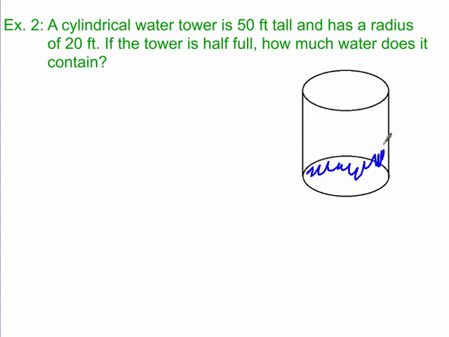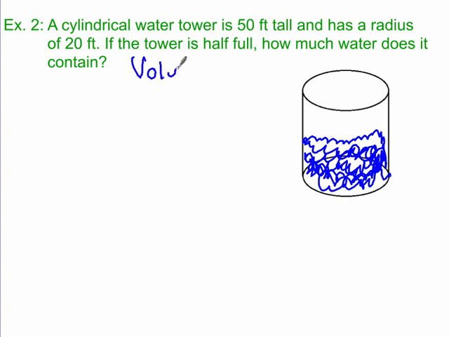But we know that it's only half full. So if we're talking about how much is inside the shape, that's volume. We need to find the volume of this cylinder and then figure out what half of that is, because this is only half full.